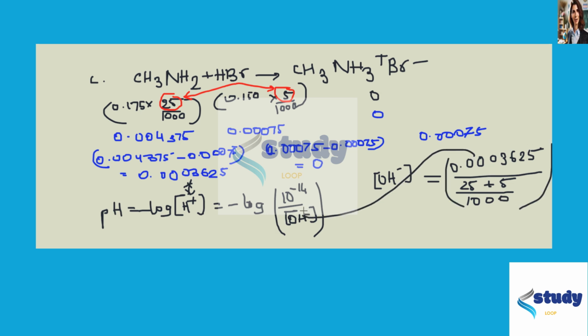So now you can go ahead and plug this here, and you'll get a pH of 13.08. So again, you ask yourself the question, is this reasonable? Since you still have excess of base and all your acid got used up, having a pH of greater than 7 makes sense.